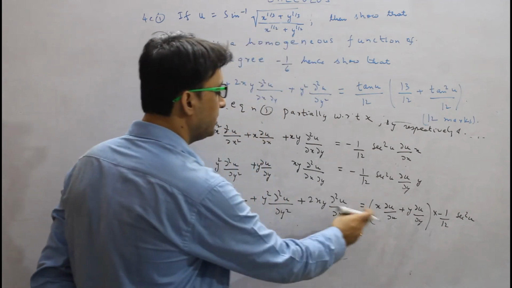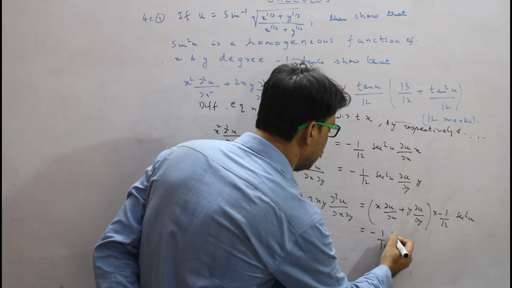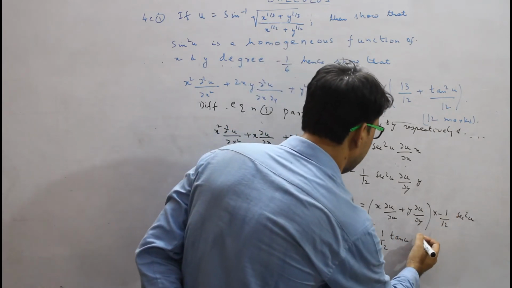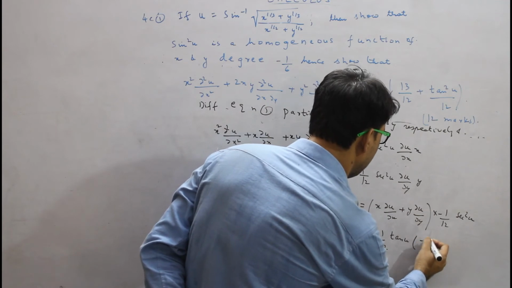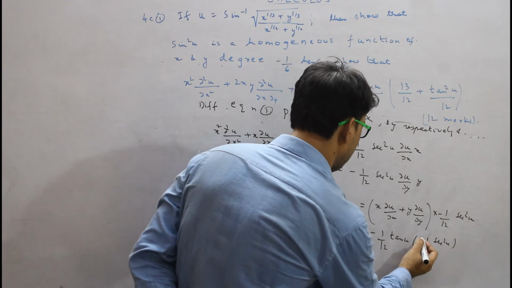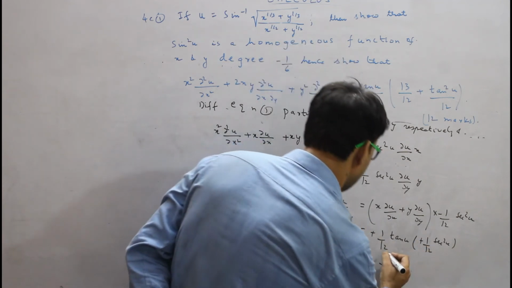Okay, and we know this value is minus 1/12 tan u, and this we can write as minus 1/12 sec² u. So this one will cancel, so we get 12 tan u.